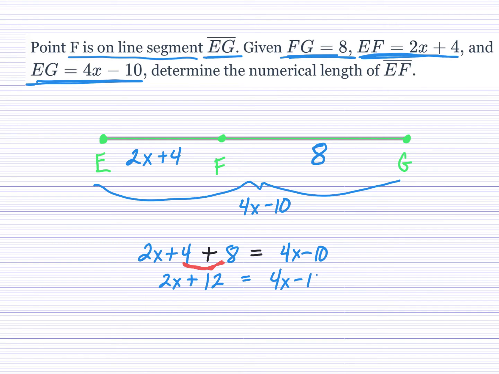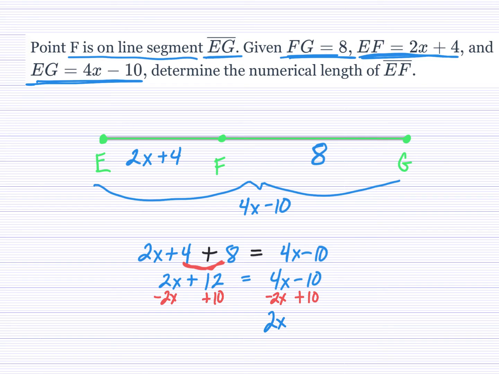So we get here. And we want to get all the variables to one side, all the constants to the other. I personally like to have the larger variable pull the smaller, so I'm going to have the 4x pull the 2x. 4x minus 2x is 2x. And on the same line, I'm going to perform the constant values, which is to move the 12 to the other side.